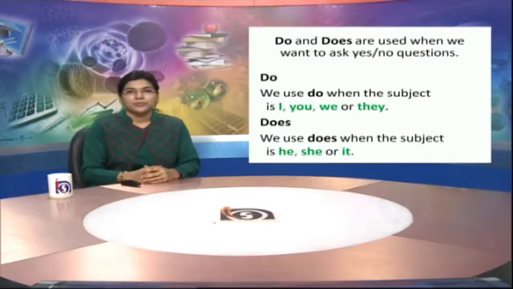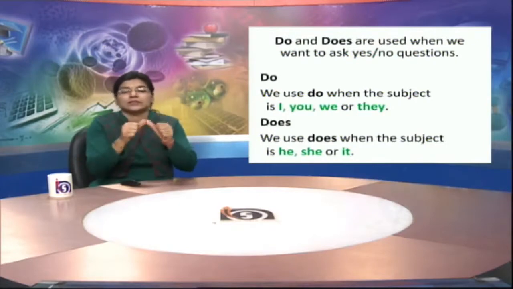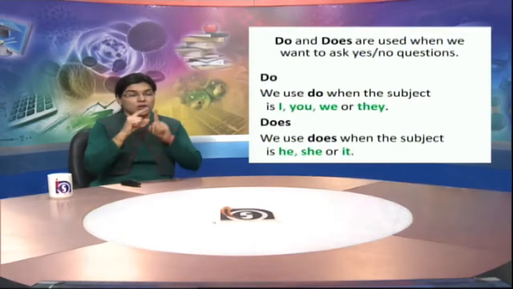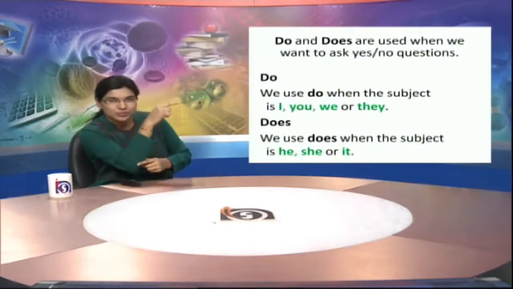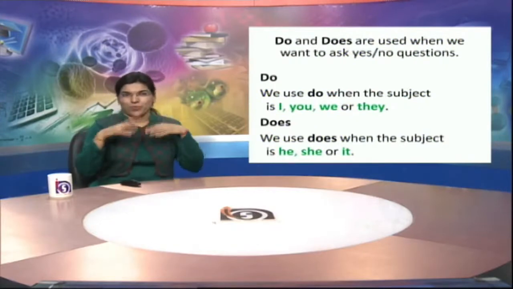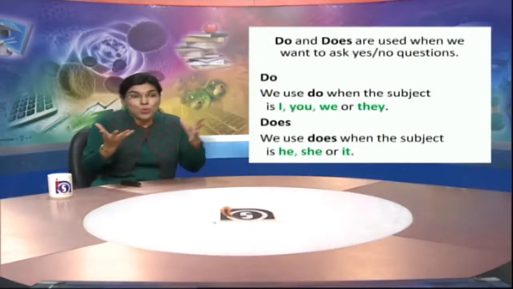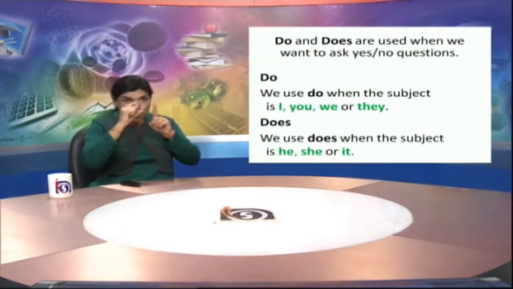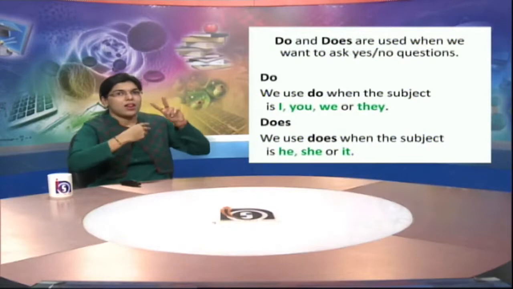So do you see it in the slide? Do and does are used when we want to ask yes or no questions. You see the green color? I, you, we, or they are used whenever do is used in a sentence.